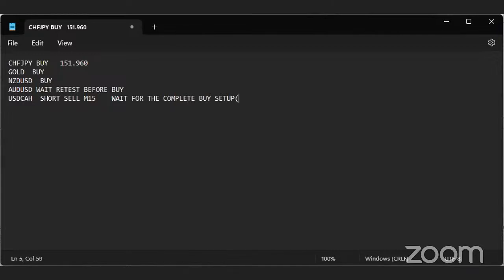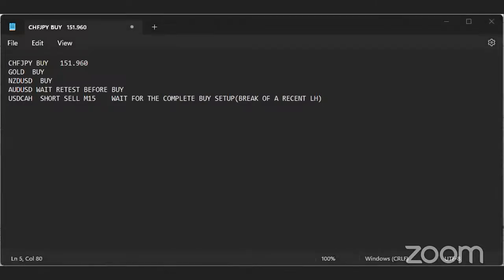What are we going to see? The break of a recent lower high. Simple. That's what we're going to see, and then we can begin to enter our trades, right? So let's move on to the next pair.